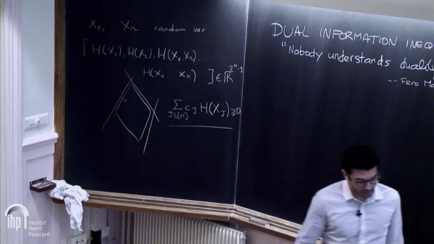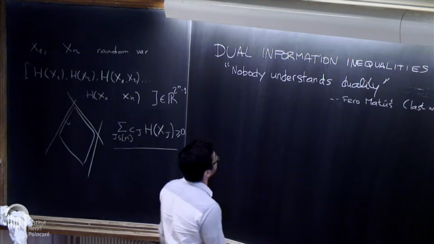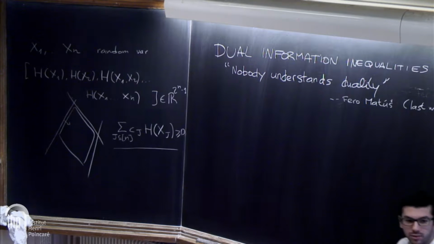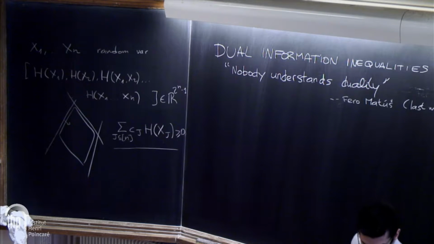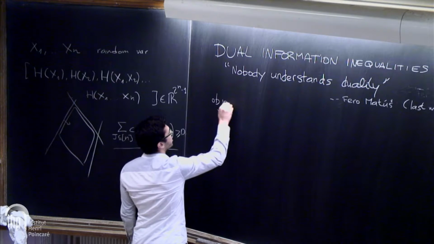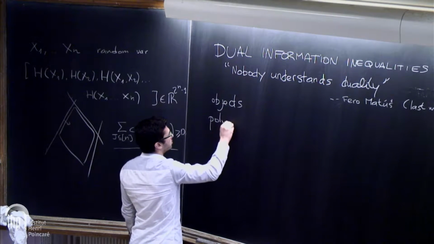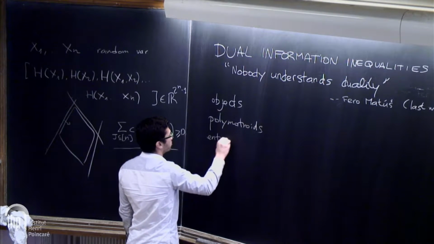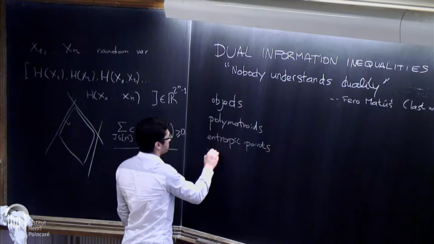What has been studied is linear information inequalities, not only for entropy but also for vector subspaces, and it is also related to polymatroids. So there are some related objects: polymatroids, entropic points, and vector subspaces.